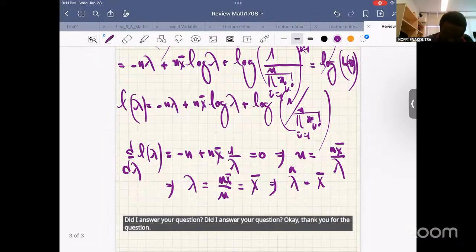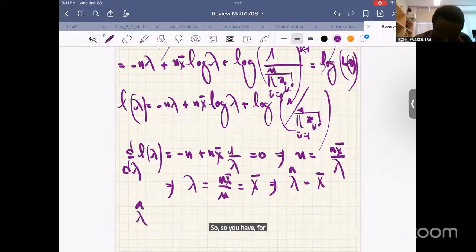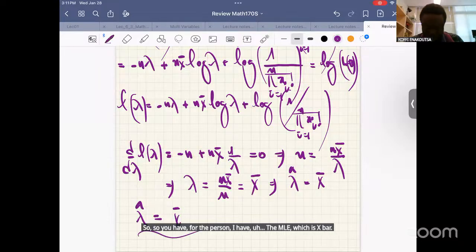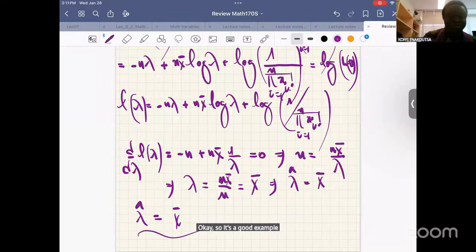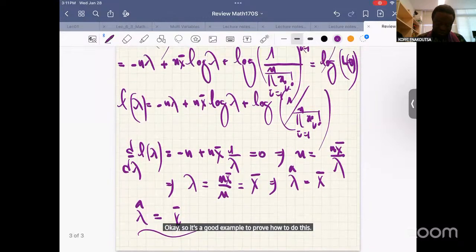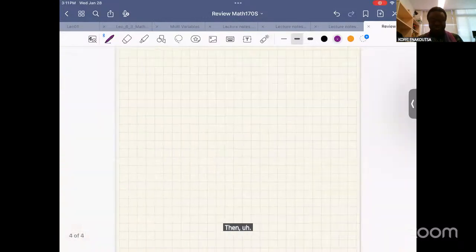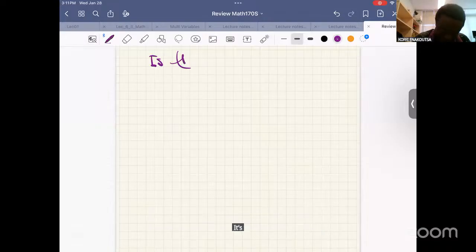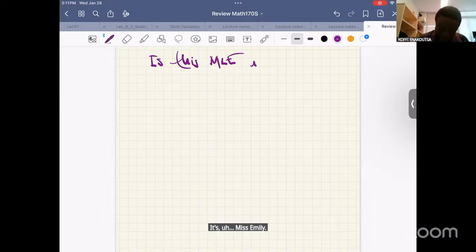So for the Poisson, I have the MLE, which is X bar. It's a good example to prove how to do this. Then next, we want to check whether this MLE is unbiased or biased.